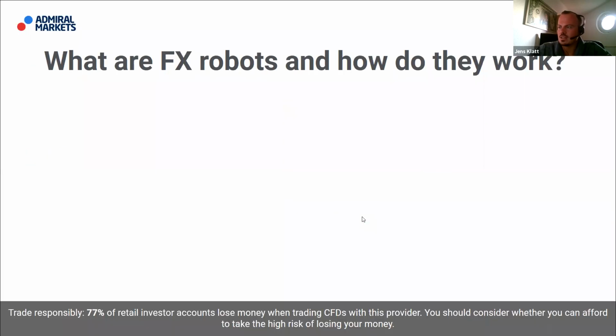So now let's start with the question: what are Forex robots? FX robots, and how do they work? Very important, probably: I realized over the years that there is a differentiation between expert advisors and Forex robots, even though, to be honest, I don't really understand where the difference comes into play.